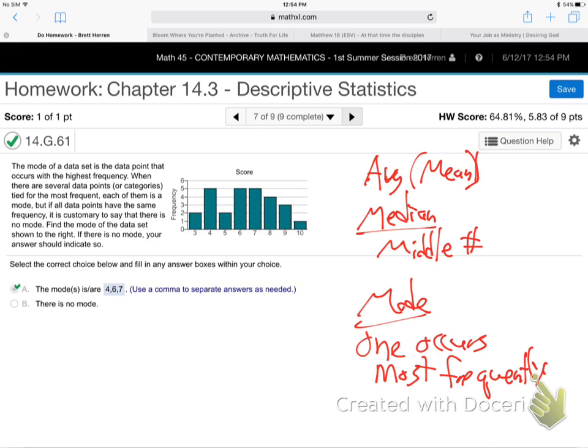Like in a shoe store, if you came in and asked the salesperson, what's the average shoe size? Would they have added them all up and divided? No. They would just tell you the one they sell the most. They'd say the most commonly sold one is a 9 or an 8 or whatever. They wouldn't add things up. That'd be a crazy way to do average. You go 8.213, right? That's not what we mean when we talk about the average.